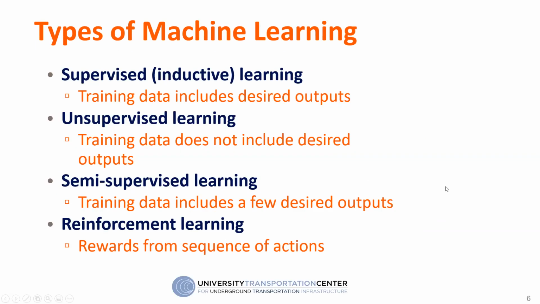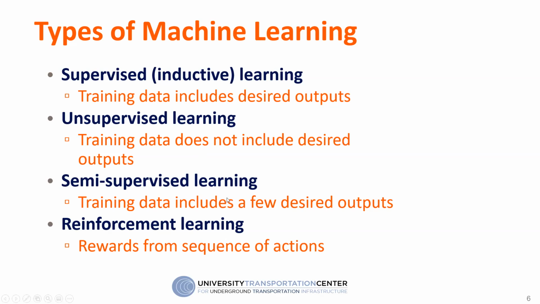So this is a very simplified classification of machine learning algorithms. We have supervised or inductive learning, where our training data includes the results, the output, not just the input. In unsupervised learning, we do not have the desired output, and we want the machine learning to fully understand what's going on and even evolve and try to find what the desired outputs are.